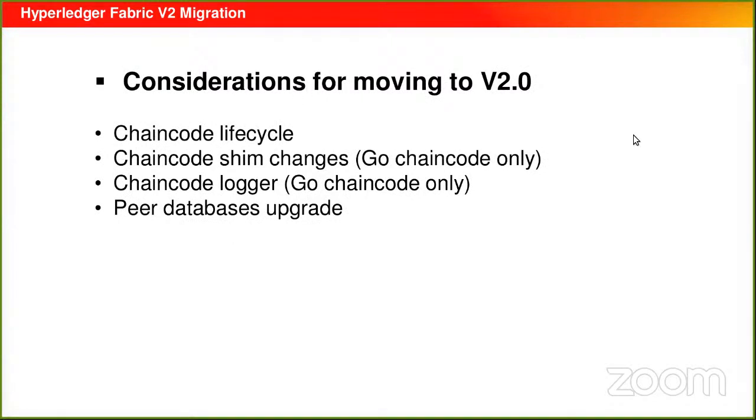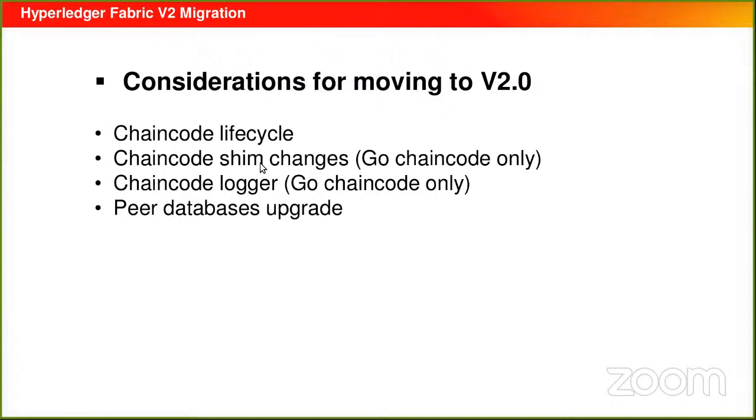A consideration for moving to version 2 is to watch for Chaincode Lifecycle, as we discussed before. For example, for the Chaincode Lifecycle, there is a new endorsement involved for the approval, acceptance, and commitment of the chaincode in the network. And if you are using the Go language, also look for the shim changes, because in version 2 we have a shim API that allows you to access the chaincode through an external API.